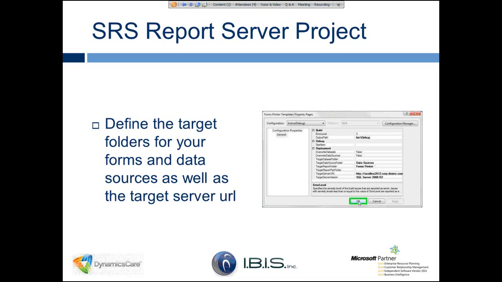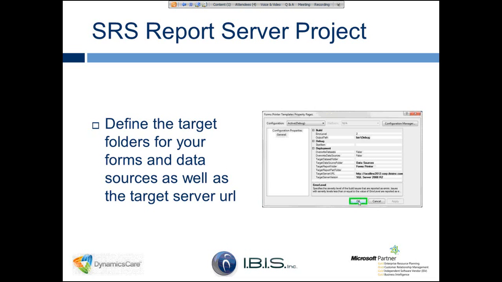And the big things here are to define the data source folder, the report folder, and the target server URL. Once those three have been set up, you can deploy projects or reports from this project to be used as forms from that report server.